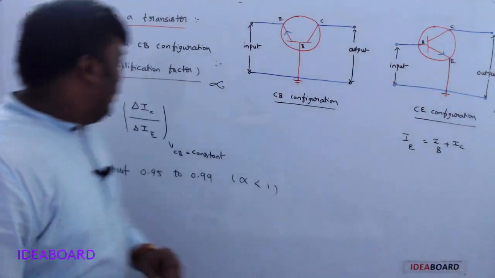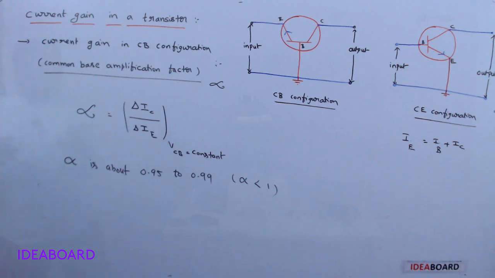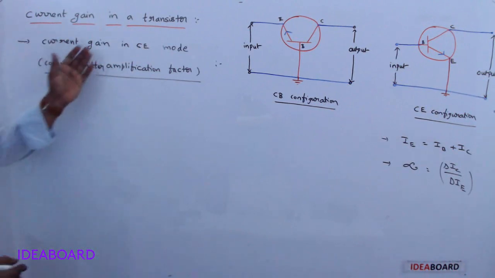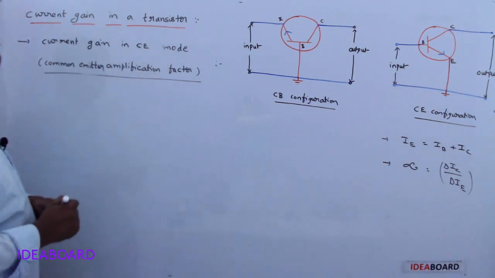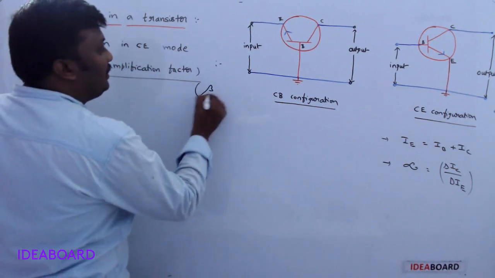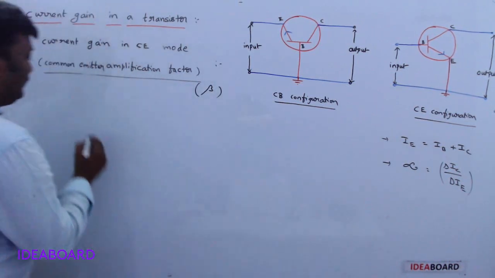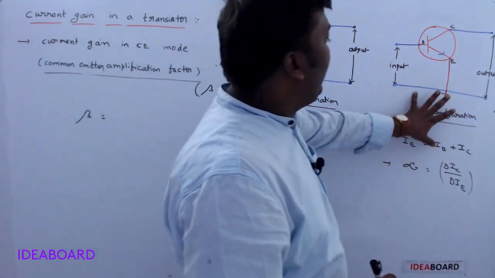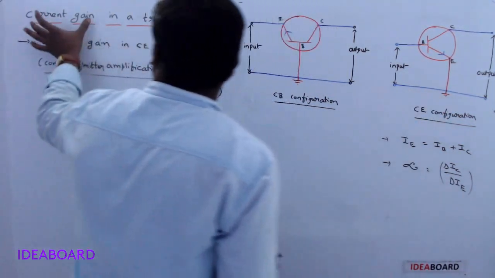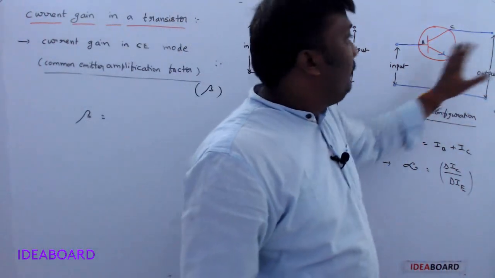Understand? This is about current gain in CB mode. Clear? Now, next one is current gain in CE configuration. Current gain in CE mode is nothing but common emitter amplification factor. It is denoted by beta. So, beta is defined as, this is common emitter configuration now. Current gain means output current by input current.